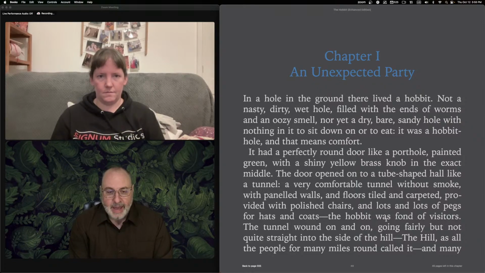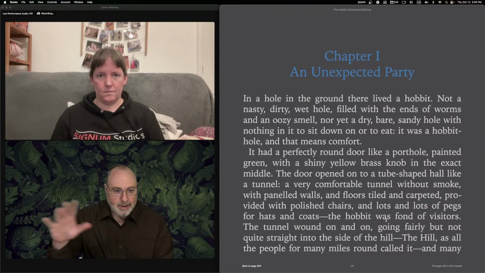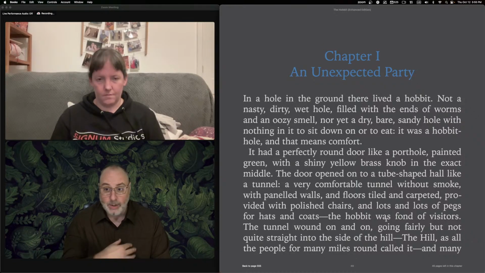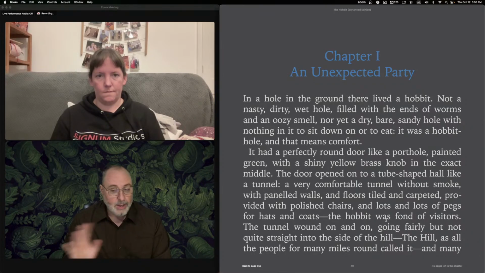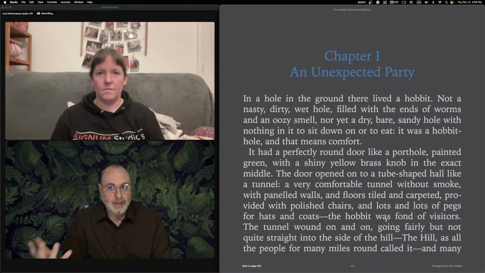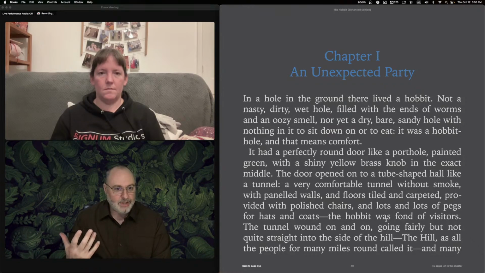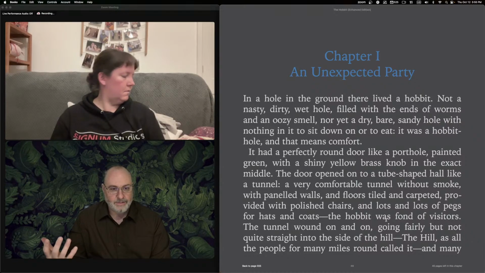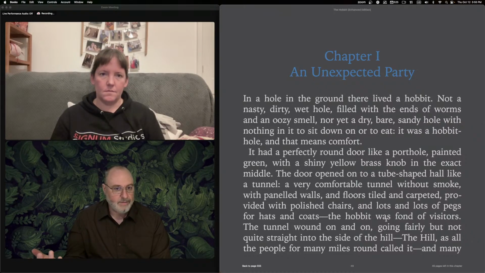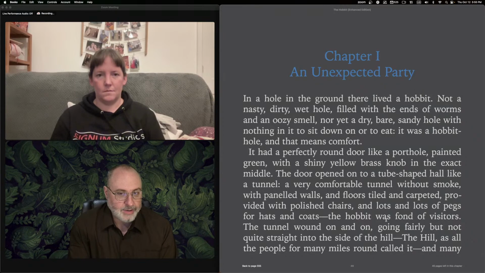But in addition to that, he is also trying to establish the epic sweep of the story, right? Like I said, we are supposed to be thinking totally different things. The impression that he wants Richard Armitage to have when he steps in the door of Bag End in the Jackson film is supposed to be very, very different from the reaction we have to Thorin Oakenshield in the book. He's going for a totally different reaction there, right?